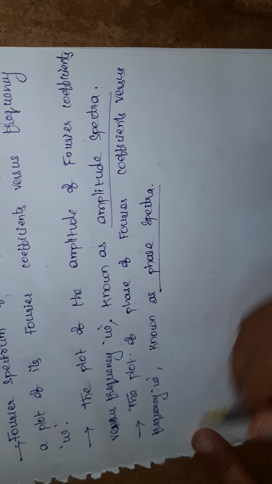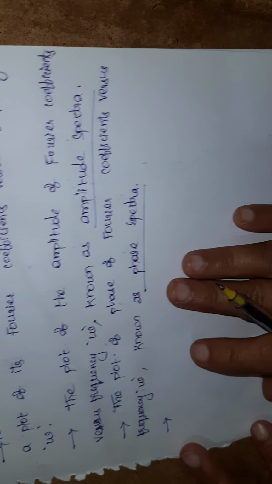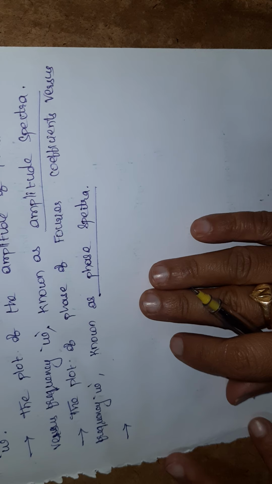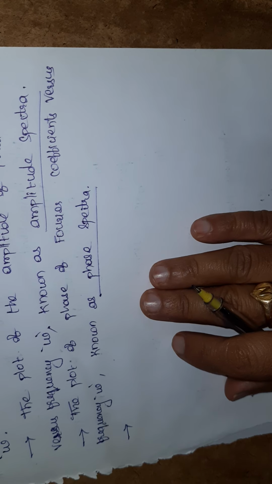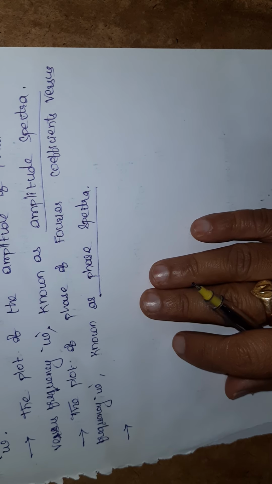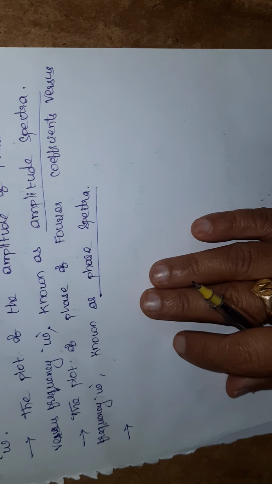Here in trigonometric representation of a periodic signal x of t, it contains both sine and cosine terms with positive and negative amplitudes. An, Bn are the amplitude coefficients, but we do not have any phase terms.